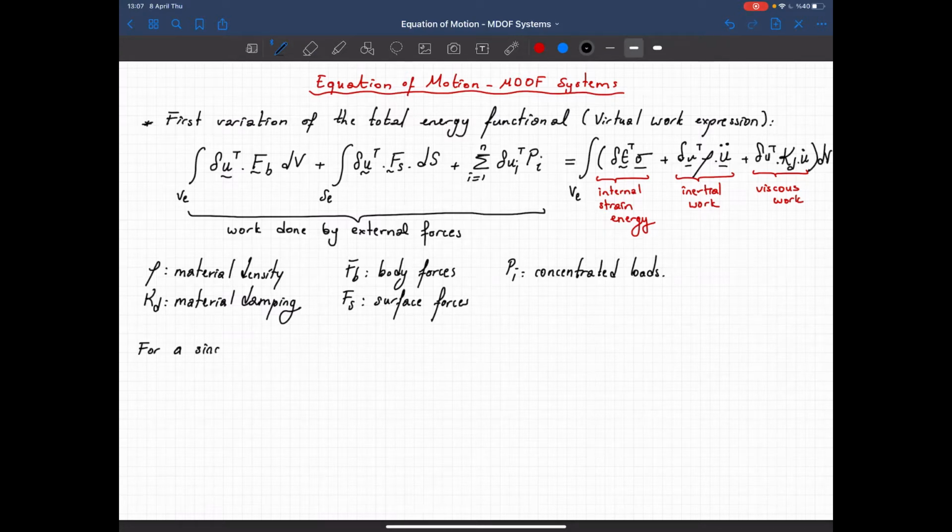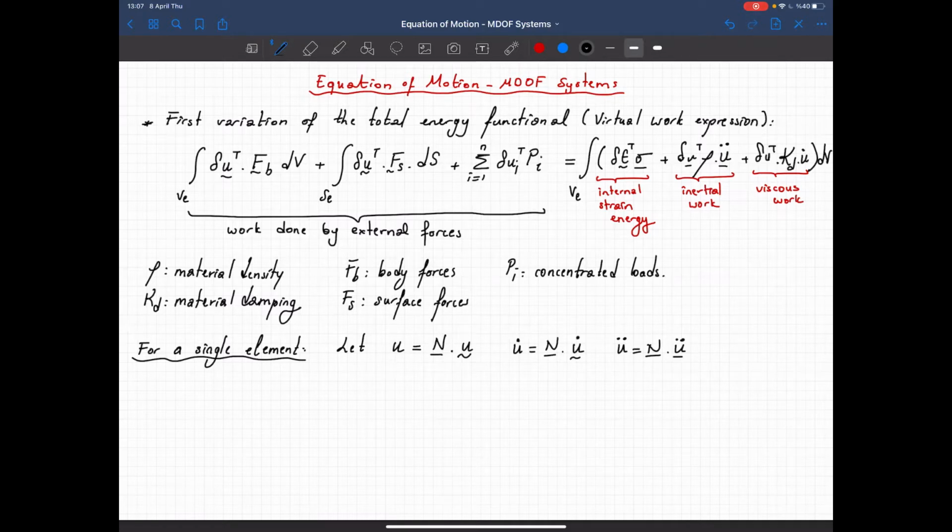And let's say that I have a single element, and in that element I'm using the finite element interpolation, and say that displacements are interpolated by some shape functions multiplied by the nodal displacements, and I can use the same shape functions to interpolate the nodal velocities as well as the nodal accelerations.